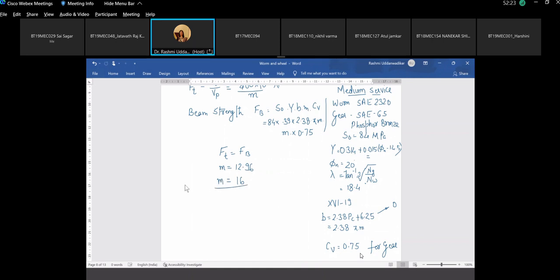Now with M16, give me the value of diameter of the gear, M times TG. Give me the value of BP. Give me what is FT. The value of CV by calculation.